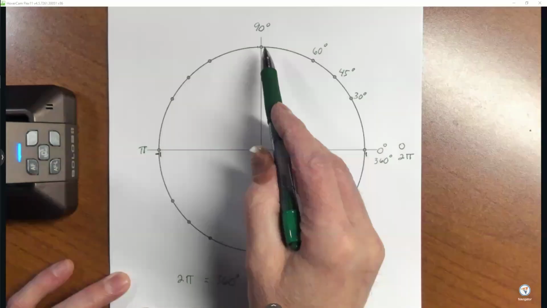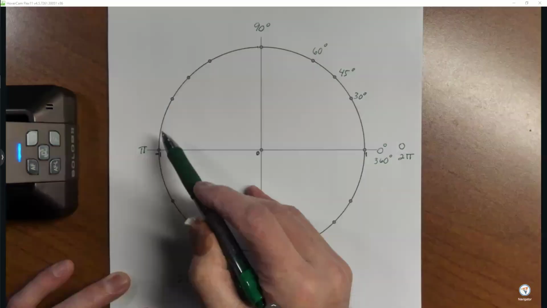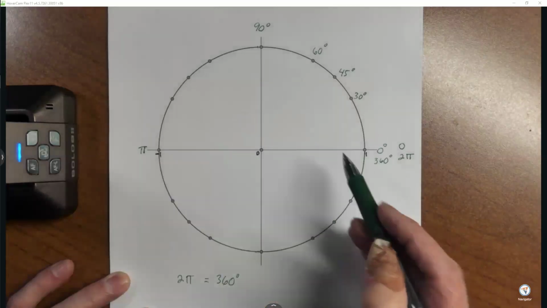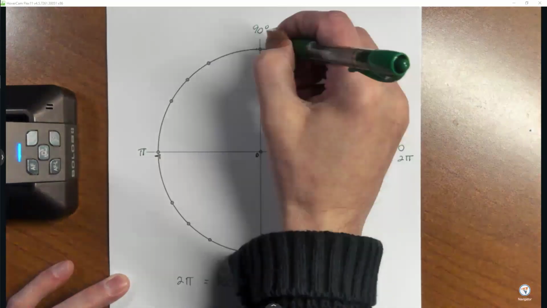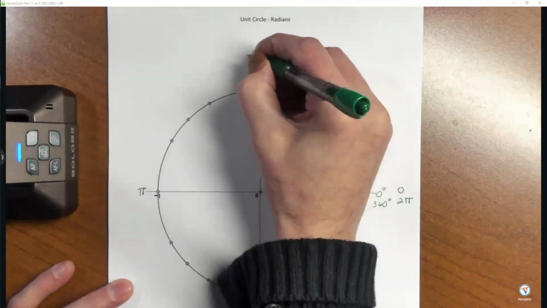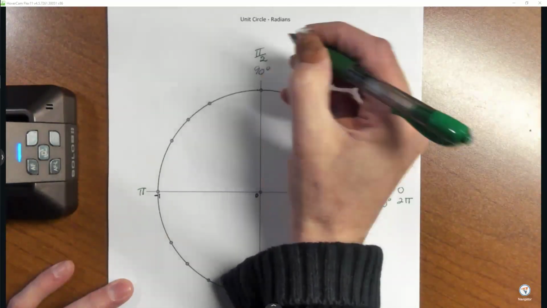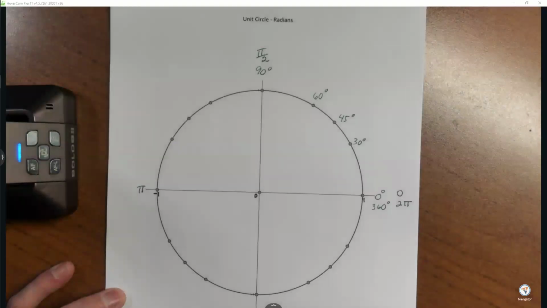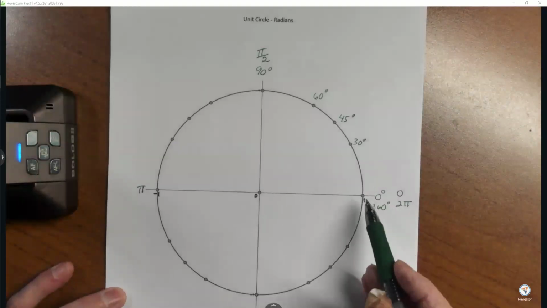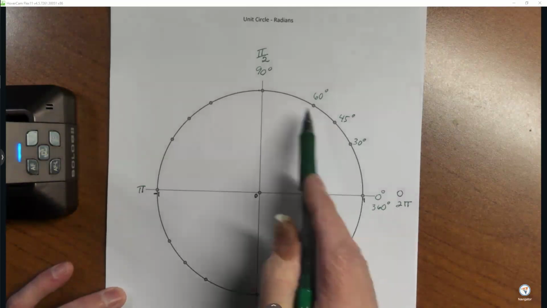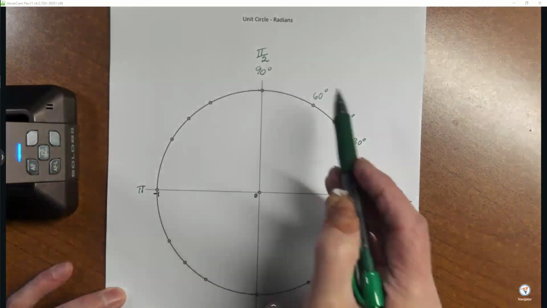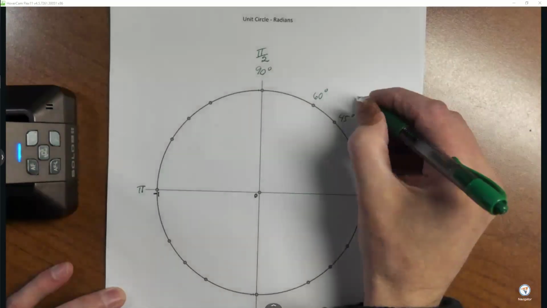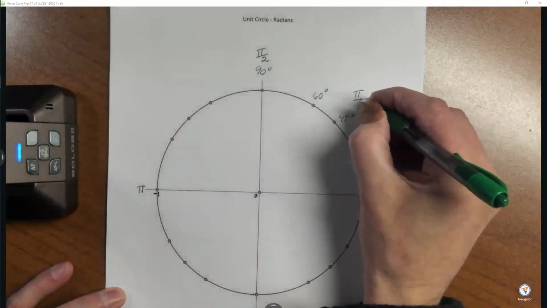Now, 90 degrees is half of the way to pi, so 90 degrees in terms of radians is going to be pi over 2. Not only that, if I take half of the way to pi over 2, I have to multiply pi over 2 by 1/2. That's going to make 45 degrees correspond to pi over 4.